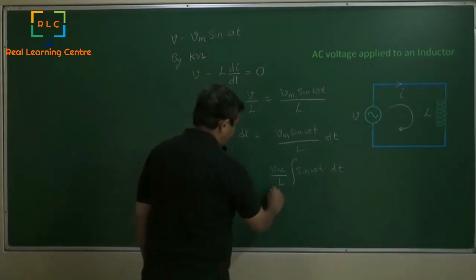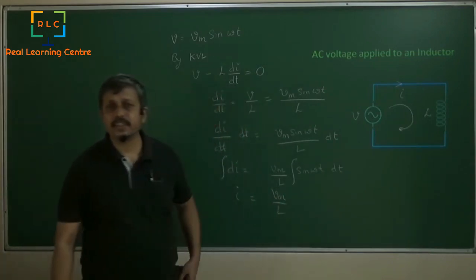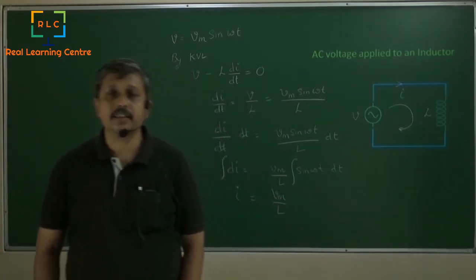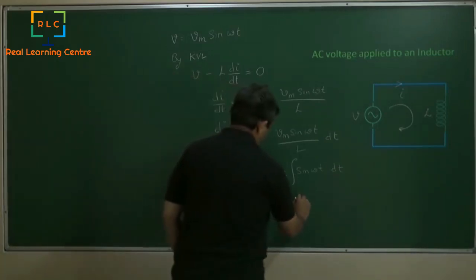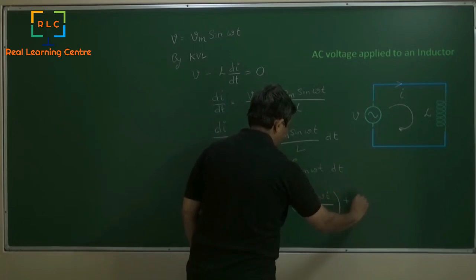So Vm by L, and if you integrate sin omega t, you will get minus cos omega t by omega, plus c.